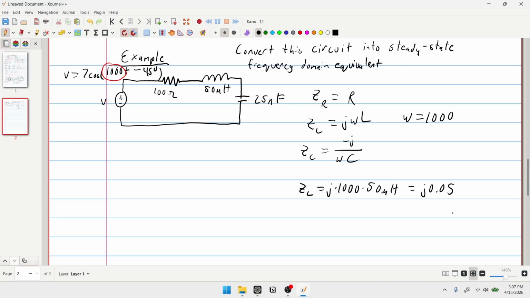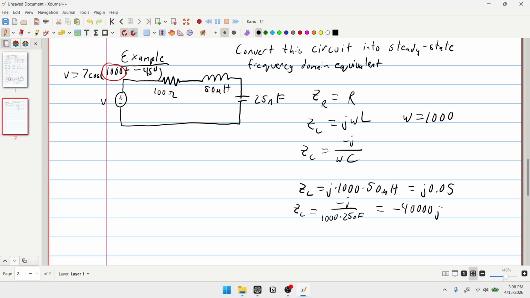You plug that into our calculator. And then for our capacitor, we have negative j over omega, or 1,000 times 25 nanofarads. Put it into our calculator, we get negative 40,000j.